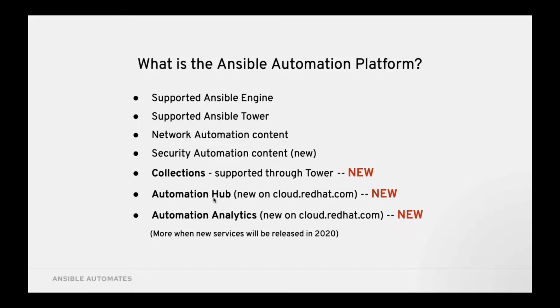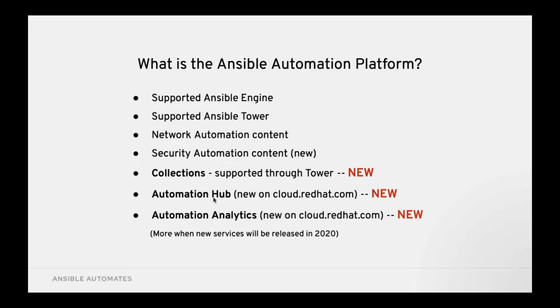So you still receive supported Ansible Engine, supported Ansible Tower that's going to bring you the scaling capabilities and the intuitive automation dashboard that you're used to, as well as the network and security automation specific content, which are some of our most popular use cases we see with customers deploying Ansible.